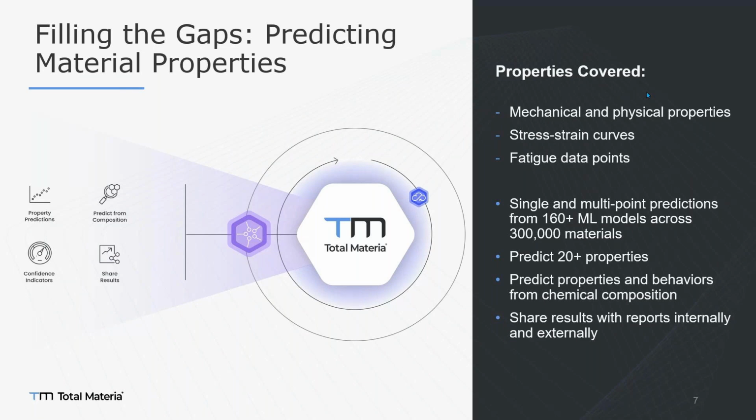You could compare those predicted properties and behaviors by switching over the chemical composition data. You could also compare data from Horizon to Predictor in case you want to see, okay, if I adjust this heat treatment or the thickness of this material, how is it going to change compared to what is already available out there? And as I mentioned, which is most important, we have pretty good ways of allowing you to share those reports internally and externally.